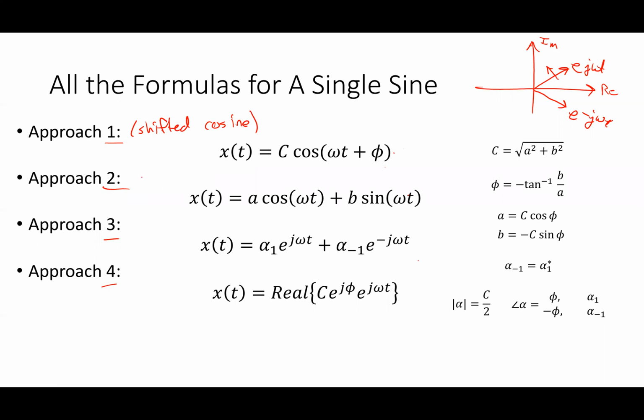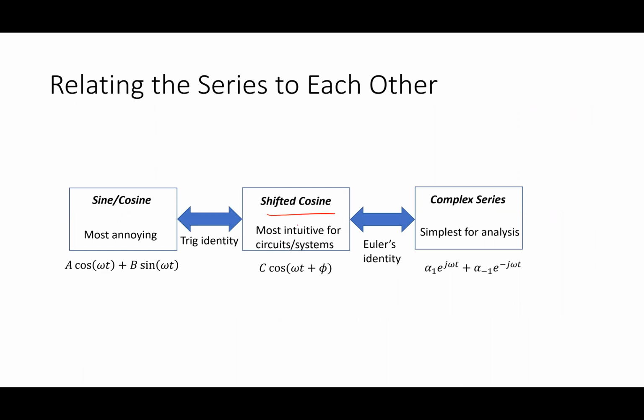And then this guy is what I call sine cosine. And then this guy is my Euler's identity. Basically, if I look at those approaches, they're all related to each other. And if I know any one of them, I can pretty easily move back and forth into the other two.